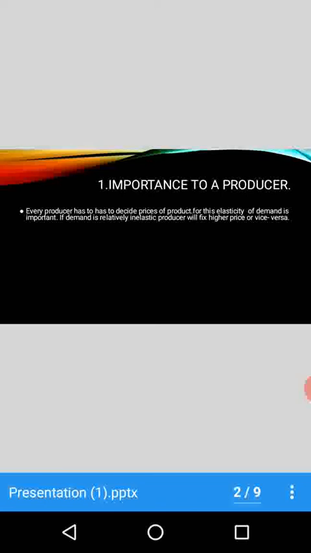Monopoly is one type of market in which there is a single seller, a single producer of the particular product, and he has control over the supply of the product because he is the sole producer and distributor. So how much price to be charged for his product is determined by that monopolist.